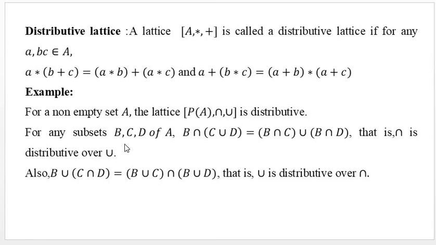So for any three arbitrary elements B, C, D of A, B intersection C union D equal to B intersection C union B intersection D. So intersection is distributive over union. Similarly, union is distributive over intersection.